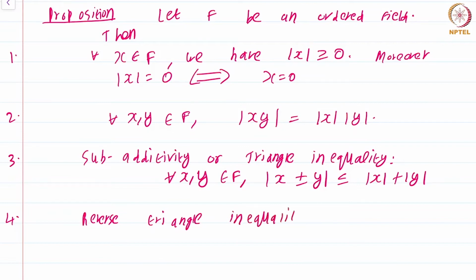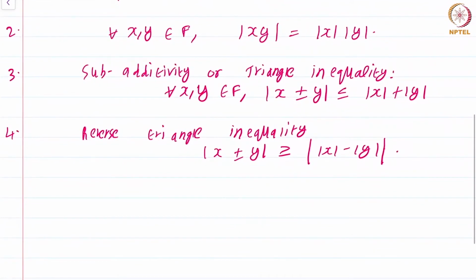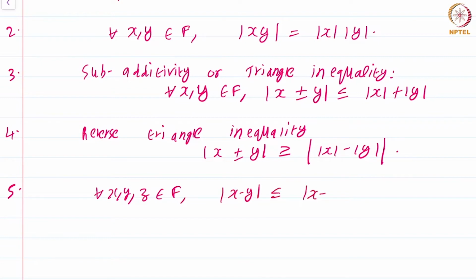It says mod x plus or minus y is greater than or equal to mod x minus mod y. Why it's called the reverse triangle inequality is easy to see. In fact, I can put a modulus sign here on the right hand side as well. Okay. 5. For all x, y, z in the field, mod x minus y is less than or equal to mod x minus z plus mod y minus z.